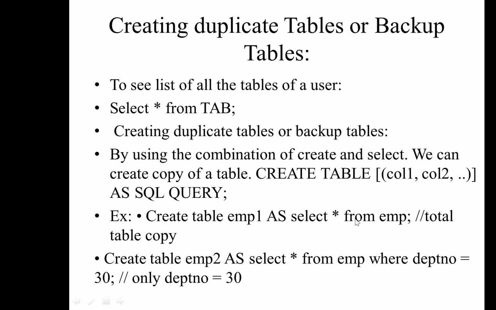Create table employee2 as select star from emp where department number is equal to 13. We can give the condition also. The constraint is that the department number should be 13, and only that data will be displayed by using this command.